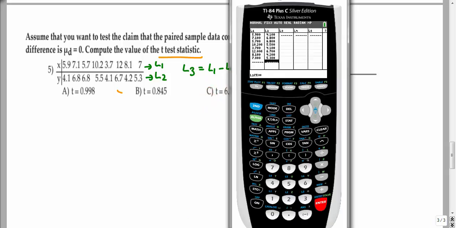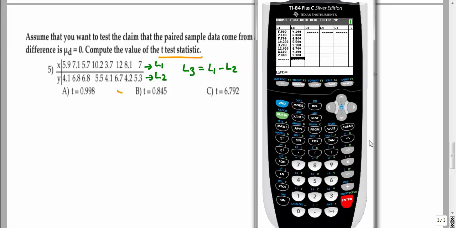So in our calculator, we'll come up here to L3 in the heading, and we're going to put second L1, because I'm writing a formula, minus second L2. What that does is it takes all those differences and populates this according to the differences.